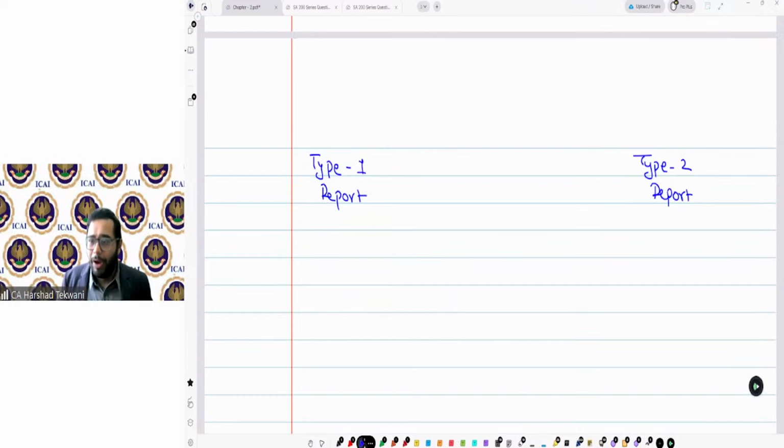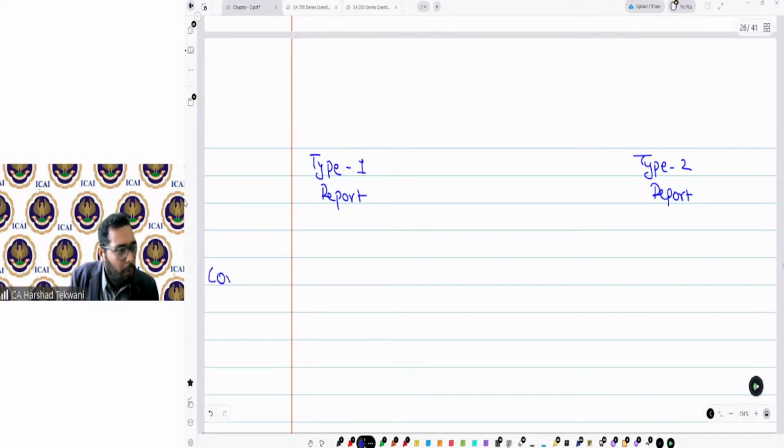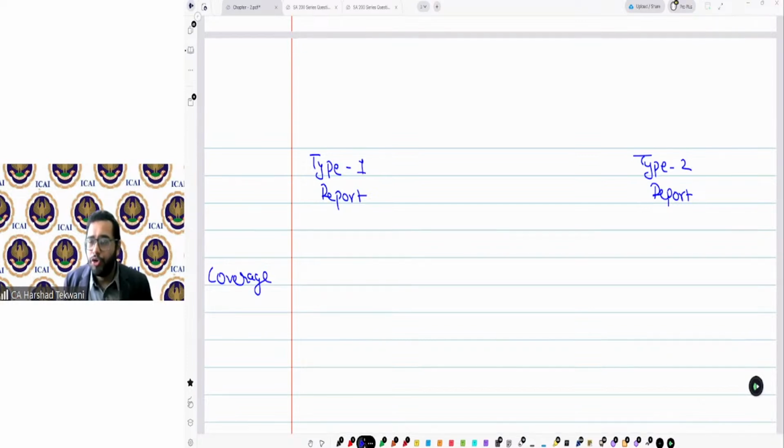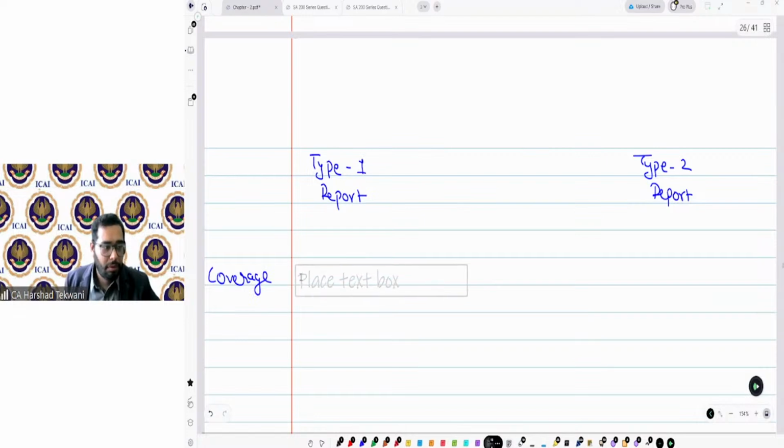When I say type 1 report, what is the coverage over here? What is covered in type 1 report? Type 1 report usually covers a description prepared by the management of the service organization regarding the controls that have been placed, designed and implemented in the service organization.